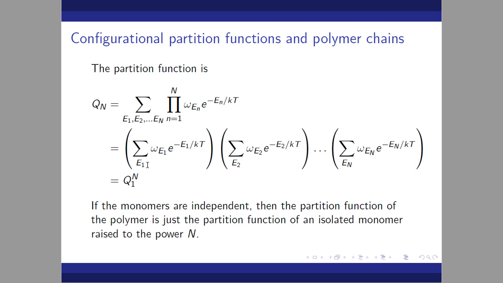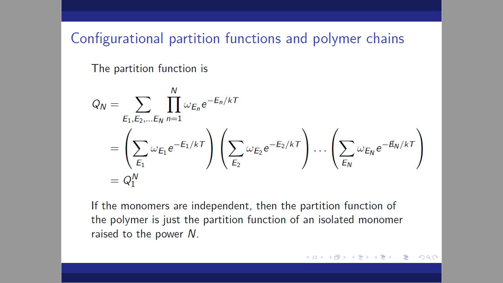So the partition function can be written as this equation. Here we can see that for all the monomers with energy 1, we do the summation, and we have this number. For the monomer with energy 2, we have this summation, and so on until the monomer with energy n.